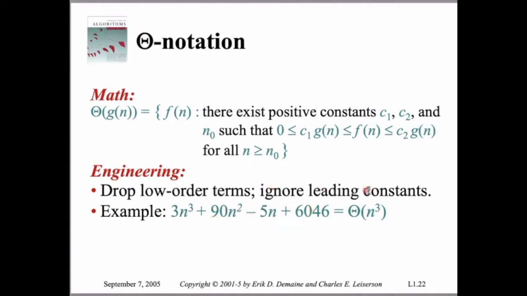And then we ignore yung mga constants like 95 and so on, and 3. So this function is tinatawag din na in theta of n cubed because we can identify some c sub 1 and c sub 2 such that mapapakita natin na this statement is true for g of n na equal sa n cubed and for f of n na equal sa buong expression na to.